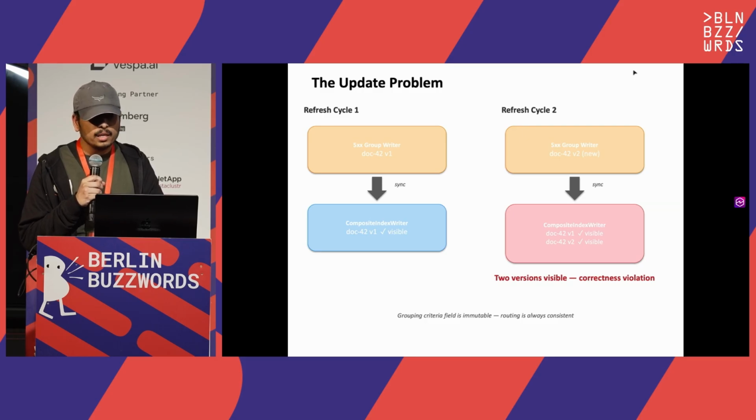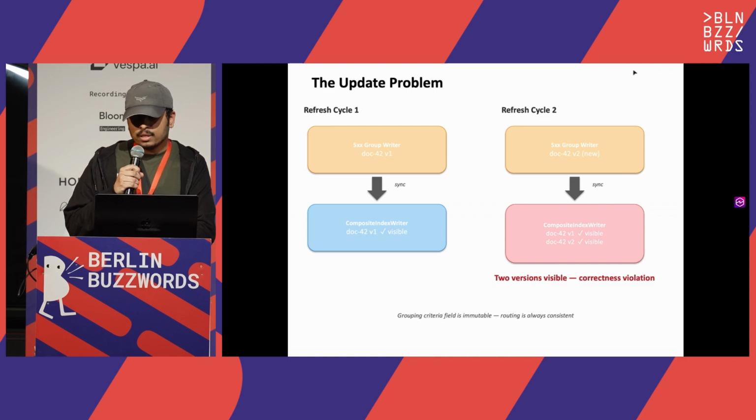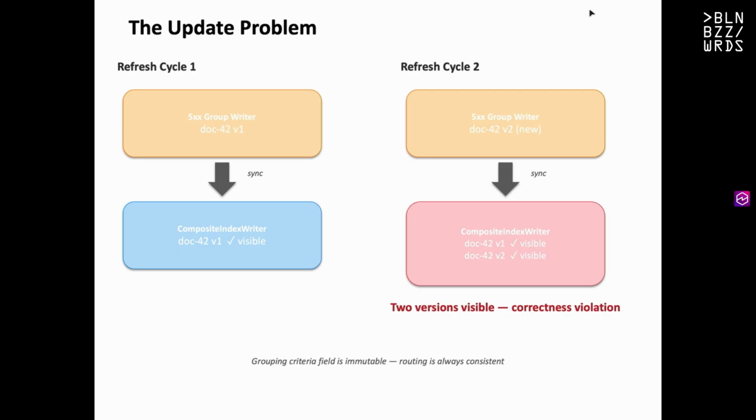Say a document, let's call it doc 42, was indexed in the previous refresh cycle. It passed through the grouping criteria function, the group evaluated for that document was 5xx, and it landed in the 5xx writer, was synced to the parent index writer during refresh, and post that became available for search. Now say a new version of the same document, doc 42, arrives with the same document ID and updated content.